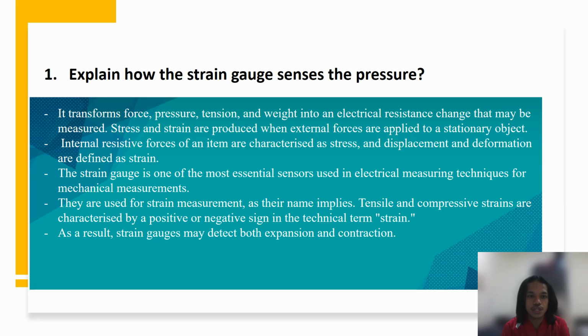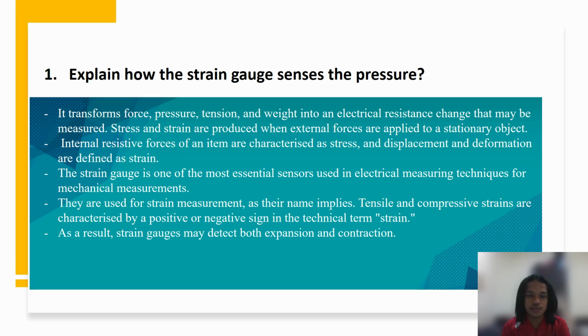Question 1 is: explain how the strain gauge senses the pressure. It transforms force, pressure, tension, and weight into an electric resistance change that may be measured. Stress and strains are produced when external forces are applied to stationary objects. Internal resistive forces of an item are characterized as stress, and displacement and deformation are defined as strains.